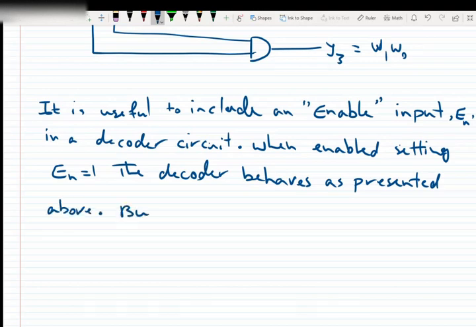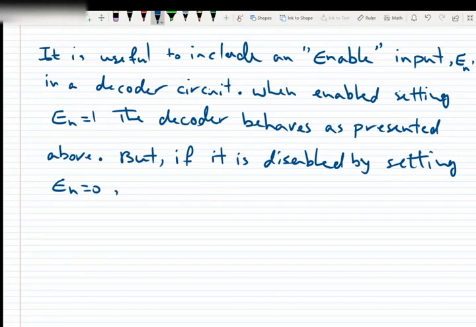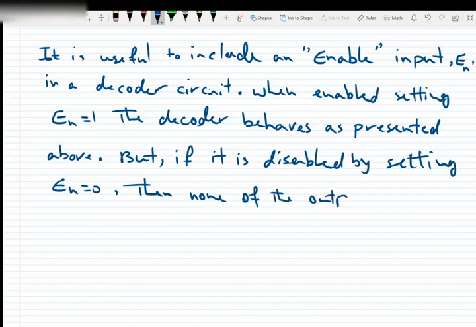But if it's disabled, by setting En equal to 0, then none of the outputs are asserted.